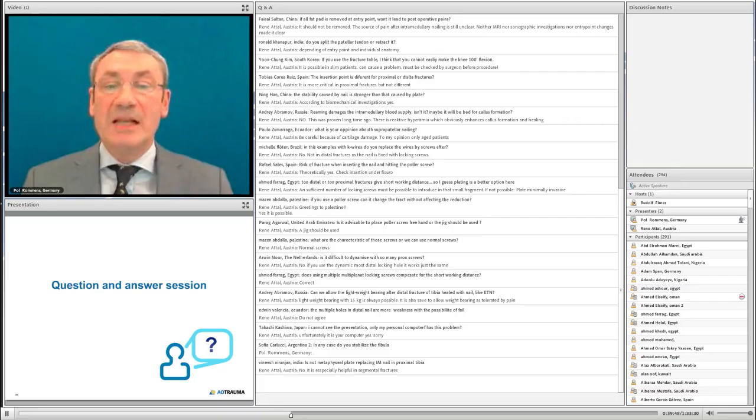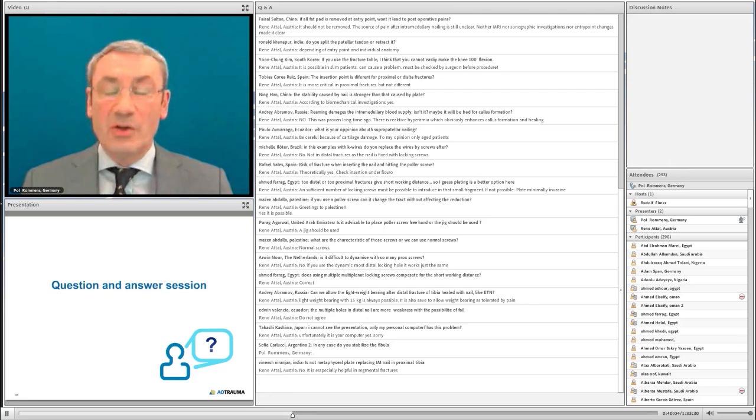The fibula itself also can hinder a slight dynamization of the fracture, and there could be a higher risk of delayed union and non-union.